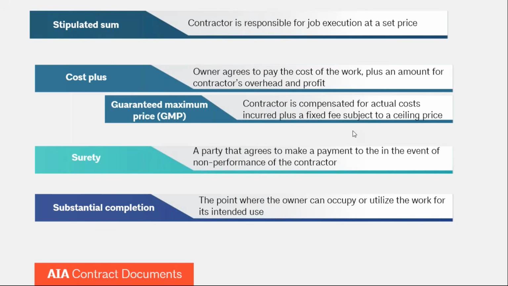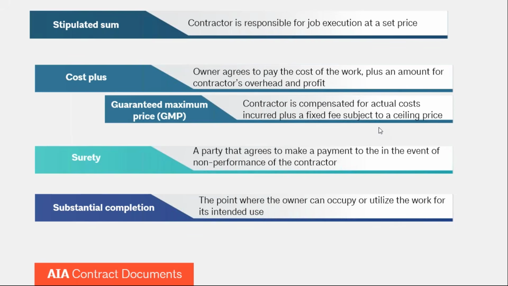If you don't know what the end price is going to be, or you cannot get a GMP, you can do cost plus without a GMP. So an example of that is A103. And so A102 and A103, those are both cost plus, so it's cost of work plus a fee. A102 is with a GMP, A103 is without a GMP. Again, GMP is a ceiling, the guaranteed maximum price.